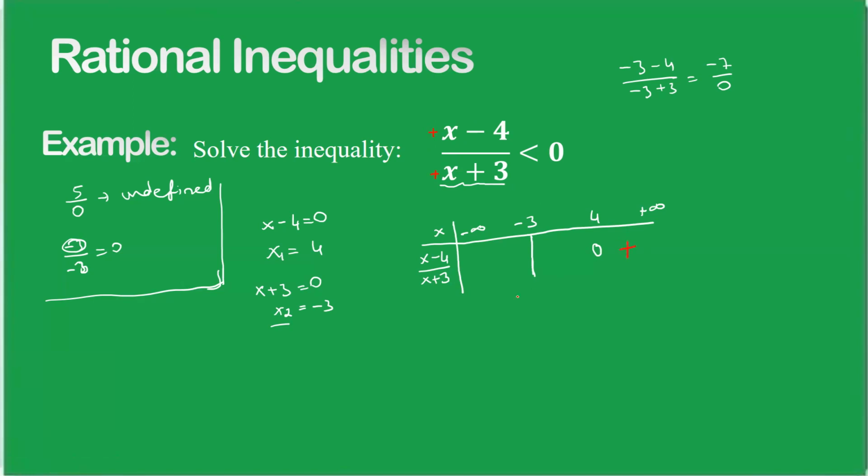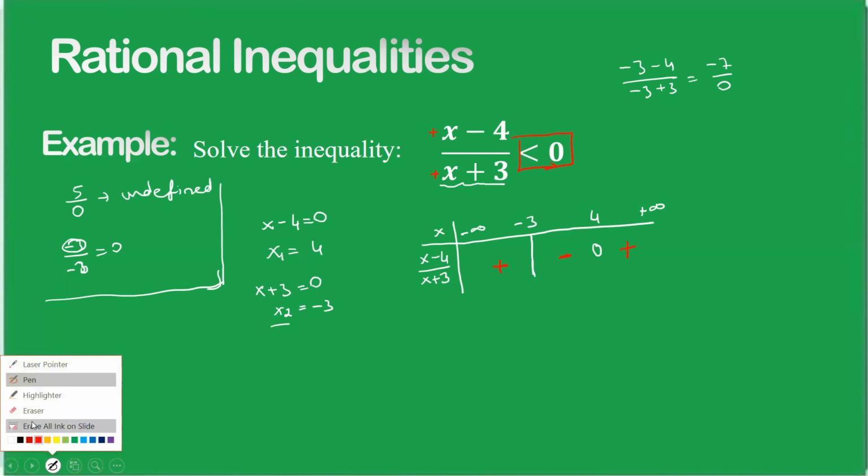So the first sign is positive. What about the next sign? We have to change it. It is negative, and this one is positive. We have to change the sign after this critical point. Here we are looking for negative values.